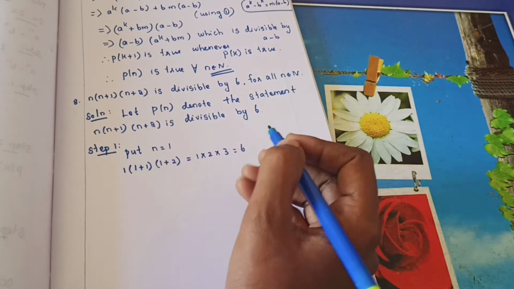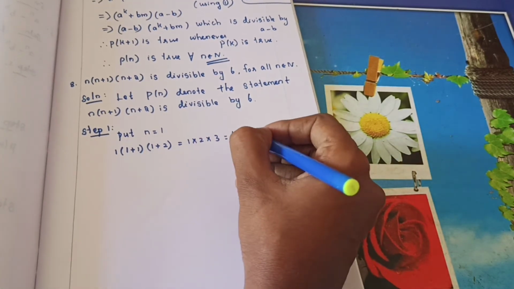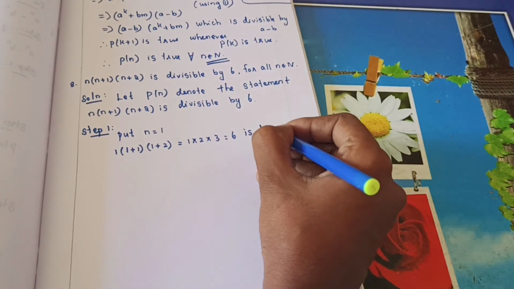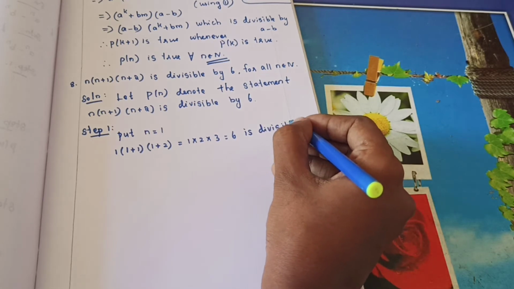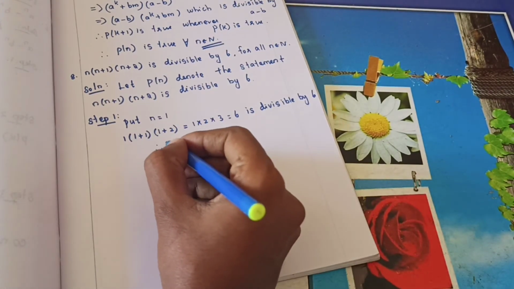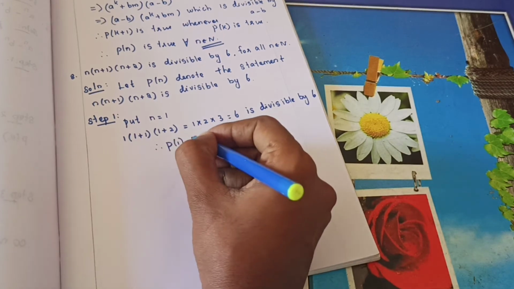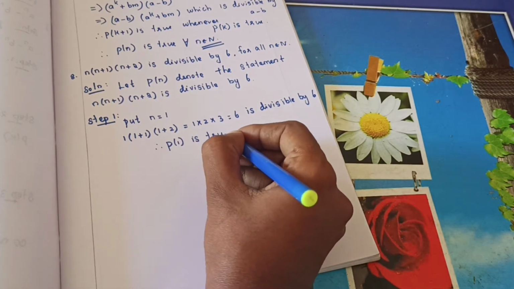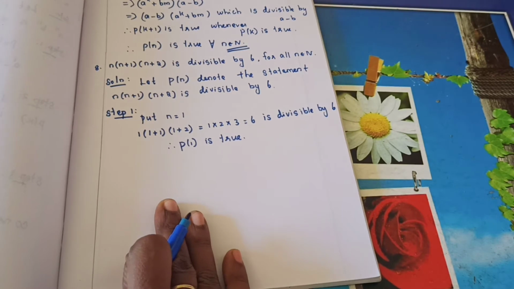What's the answer? 6. Whether 6 is divisible by 6? Yes, it is divisible by 6. Therefore, what we can say, P of 1 is true.